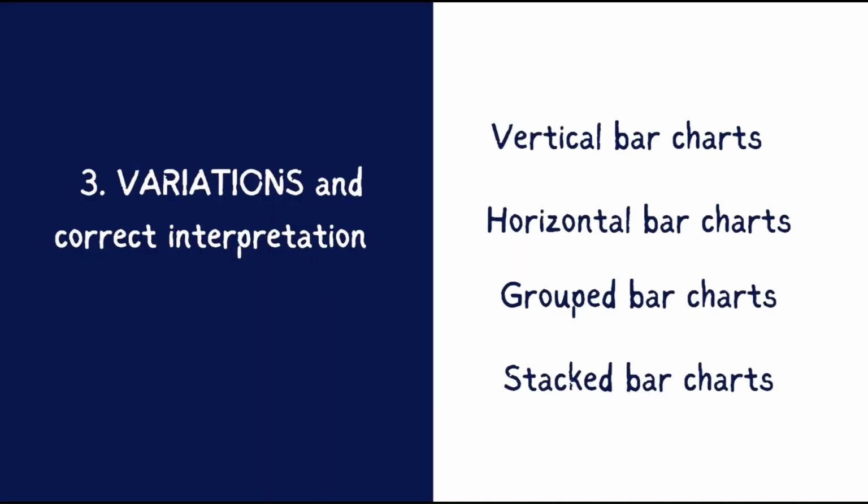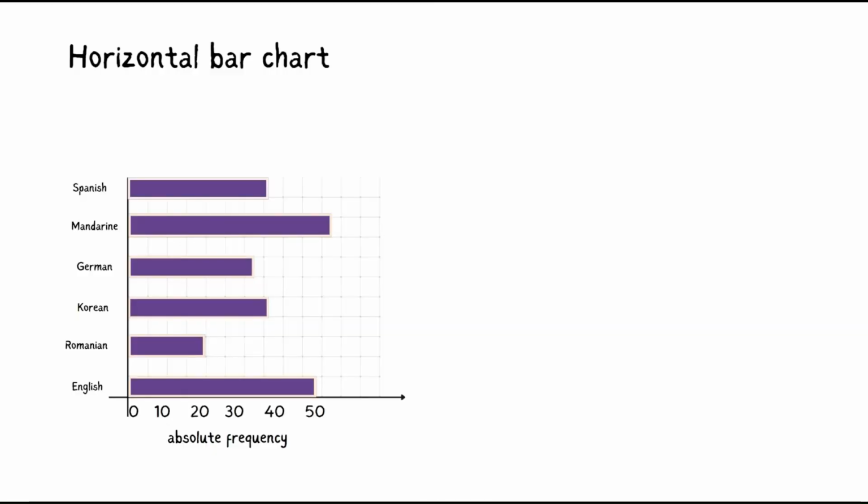What is really nice about bar charts is that they are versatile. You can spice them up such that the impact of your visualization is the biggest. We've previously seen a vertical bar chart, and horizontal bar charts are nothing else but vertical bar charts with swapped axes.